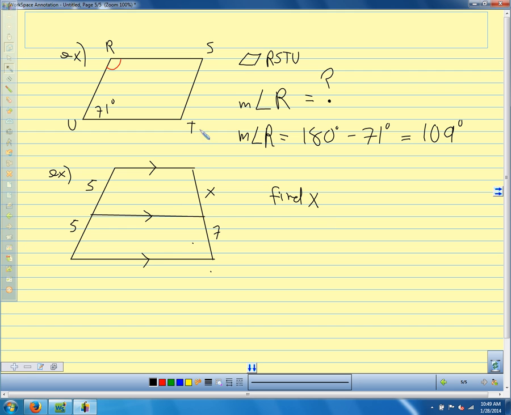So we have three parallel lines, cuts this segment into equal pieces. What does it do to this segment? We just said on our theorem. Also cuts this segment into equal pieces. So what would x be? X has to be 7. The parallel lines cut this side into equal parts. It also cuts this side into equal parts. So x equals 7. Questions there?